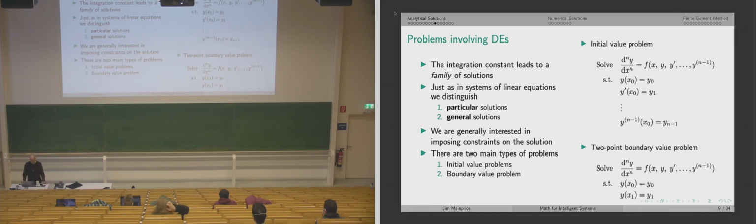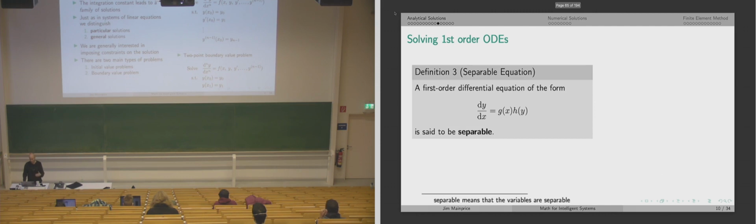All right, so these are the two main types of problems, and now we're going to talk, up until the end, about techniques for solving these kinds of problems. The first technique that you probably all know, and we just saw it for the circle, is the technique for solving first-order ODEs when the equation is called separable.